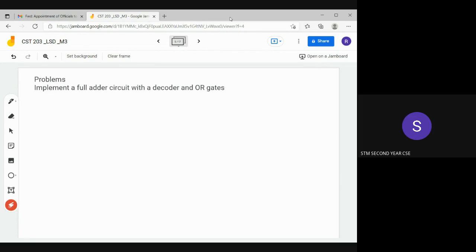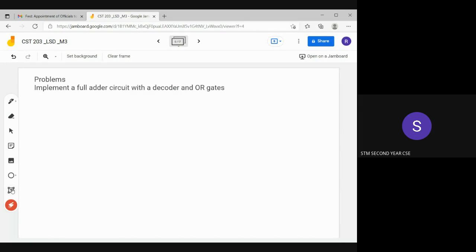Then how many outputs do we need to generate? Here it is a full adder, so there are only two outputs, but we have to implement this full adder by using a decoder. So how will we implement it? First we need to draw the full adder truth table.